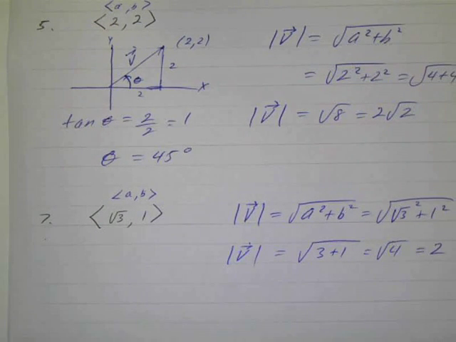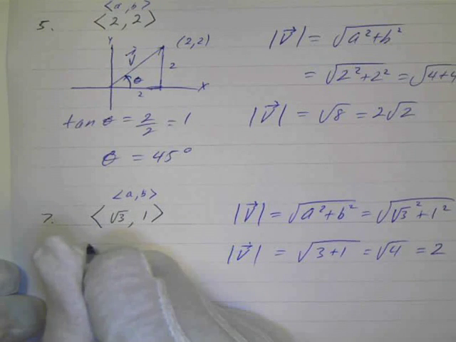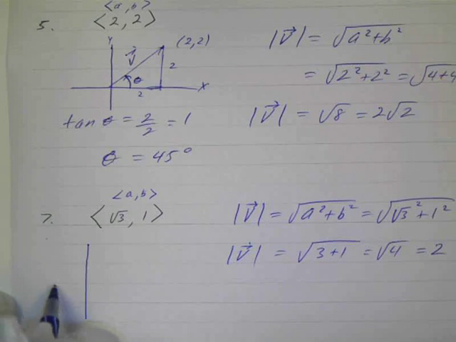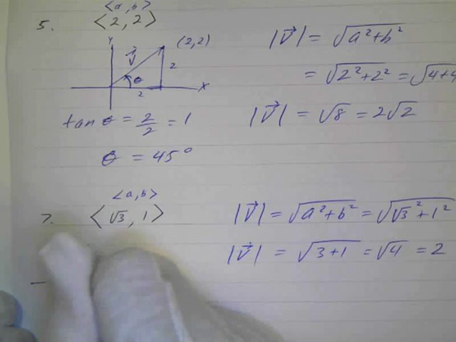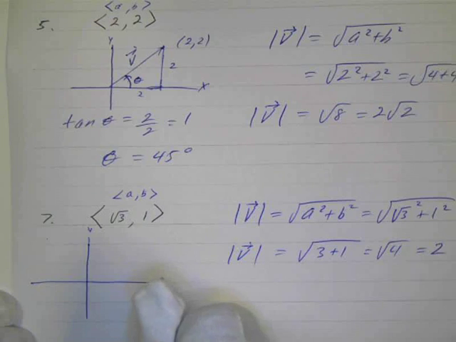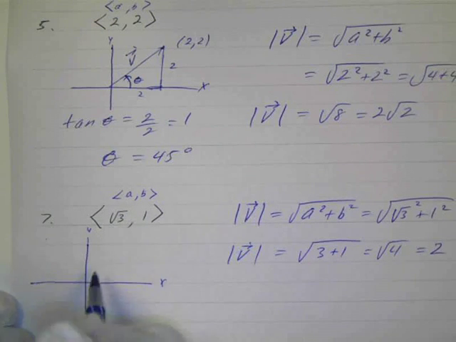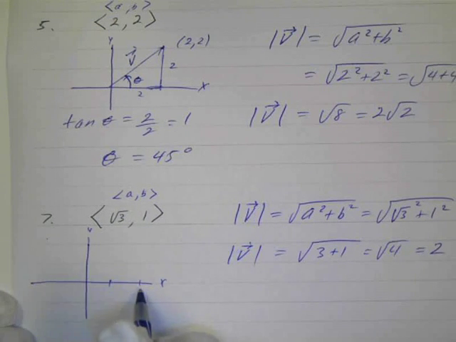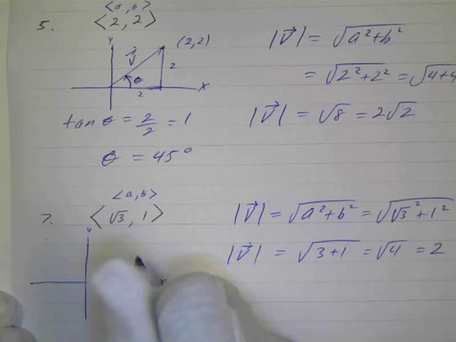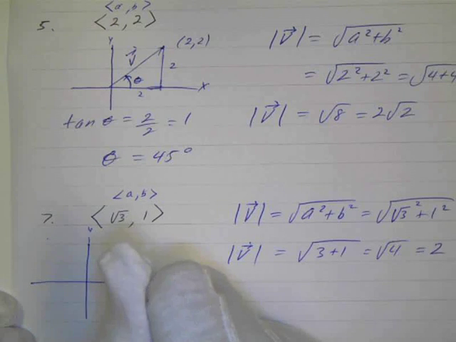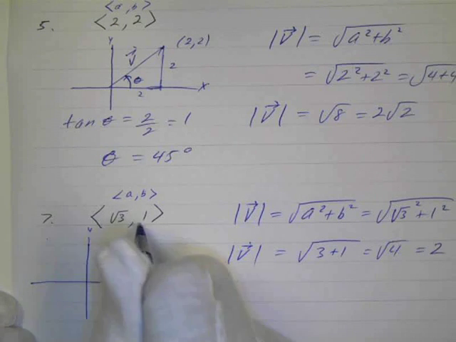So that's pretty straightforward. And then we want to find the angle, so we'll draw a sketch. Remember, it's in its component form, so my horizontal is the square root of 3, which is about 1.7, and up 1.